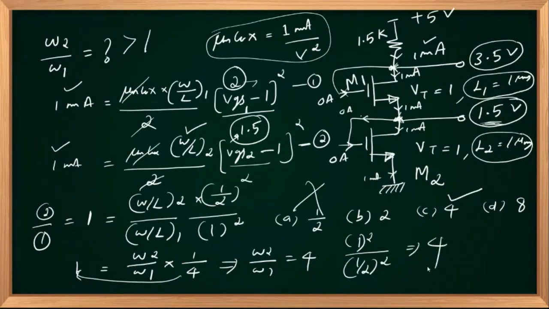So the same transistors operating in saturation with the same drain current ensures a larger W for a transistor with lower VGS. Is that clear? Any doubts? So your answer is the third option, 4.